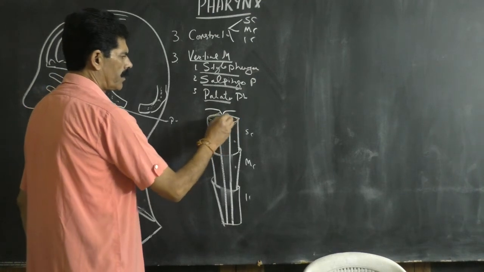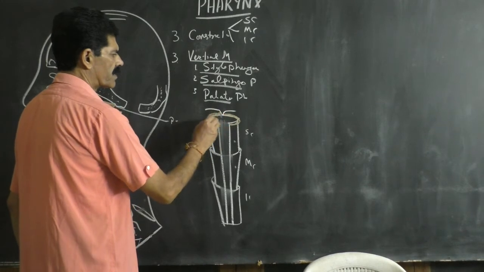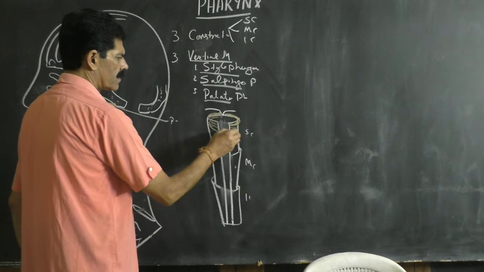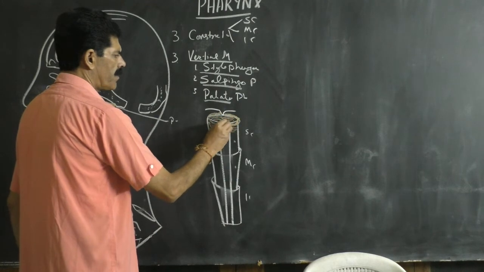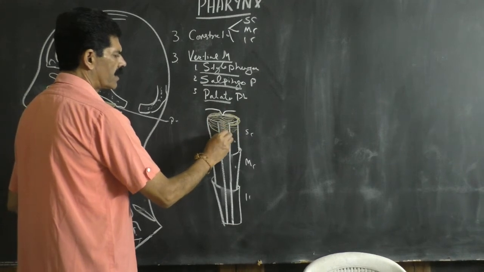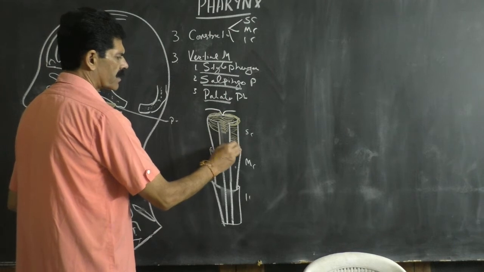So the uppermost fibers of the right and left side of the superior constrictor muscle are inserted on the pharyngeal tubercle, but the subsequent fibers decussate in the midline and form what is called the median pharyngeal raphe. So these are the fan-shaped fibers of the superior constrictor.